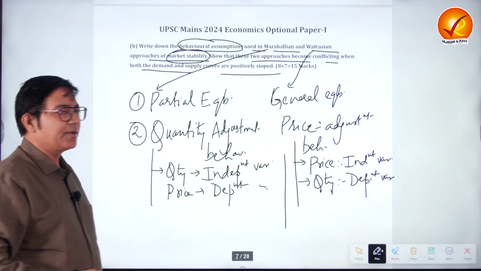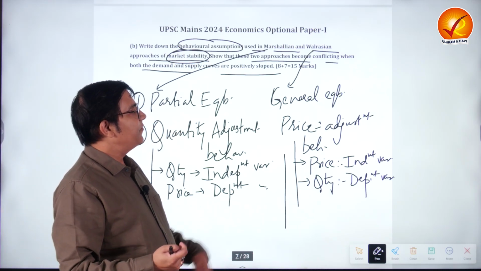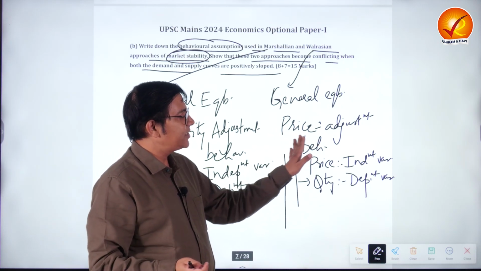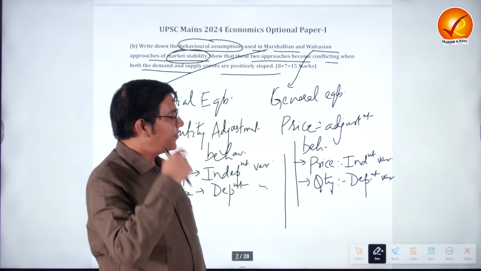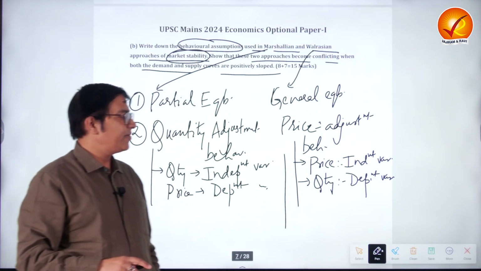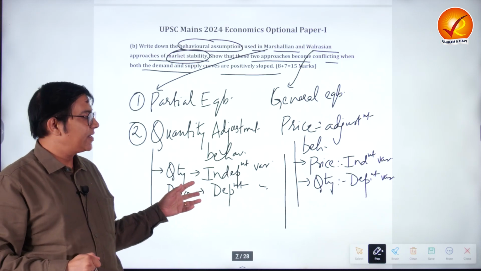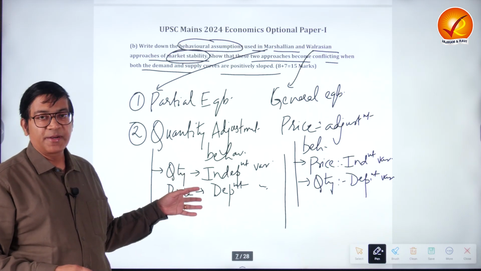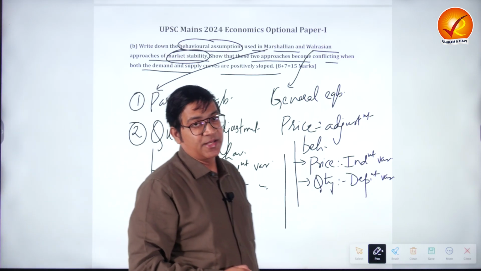Normally when we discuss economics, for general purposes, we generally think in the Walrasian context. Normally we think that it is price which will impact the quantity and not vice versa. But Marshallian analysis, which came much before Walras, had claimed the opposite. This is the main difference in behavioral assumption.